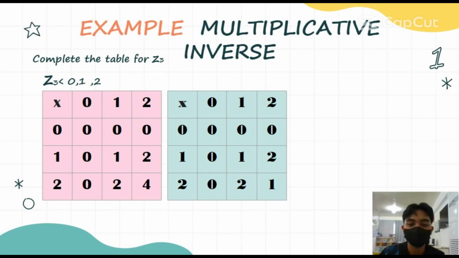The same for 2 times 1 is 2, and 2 mod 3 is equal to the remainder of 2. And 2 times 2 is equal to 4, and we know that 4 mod 3, or 4 divided by 3, we have the remainder 1. So as you can see in our table, we have two 1s.